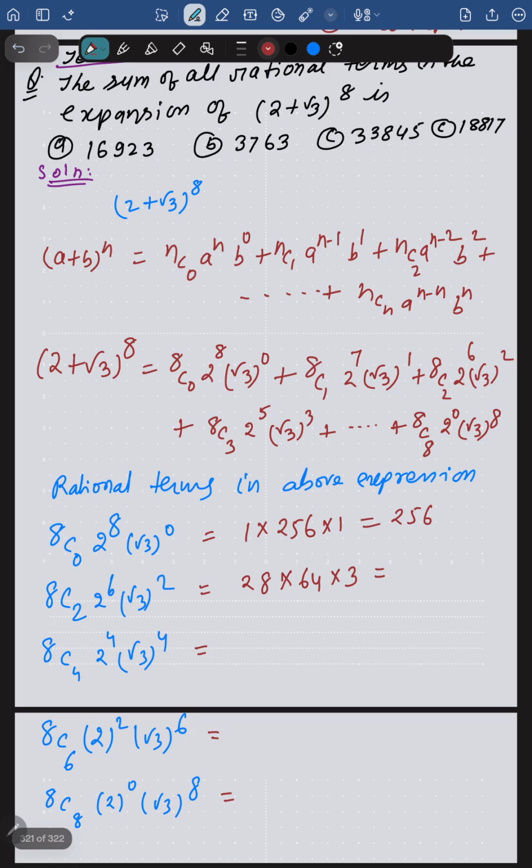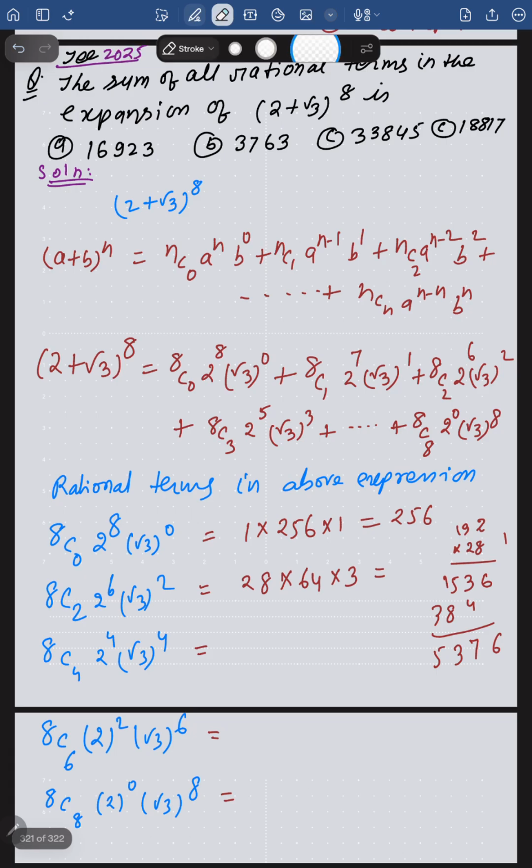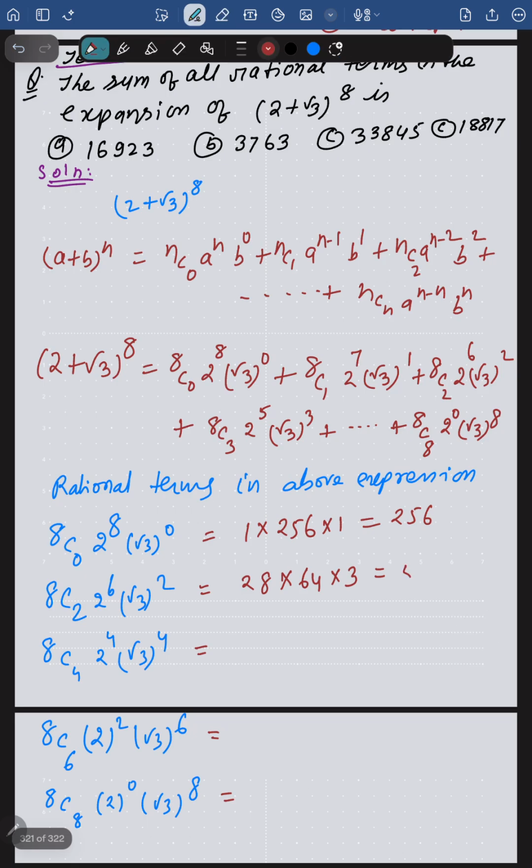So just multiply it, this multiplication you have to do. 5376. Now we will find this.